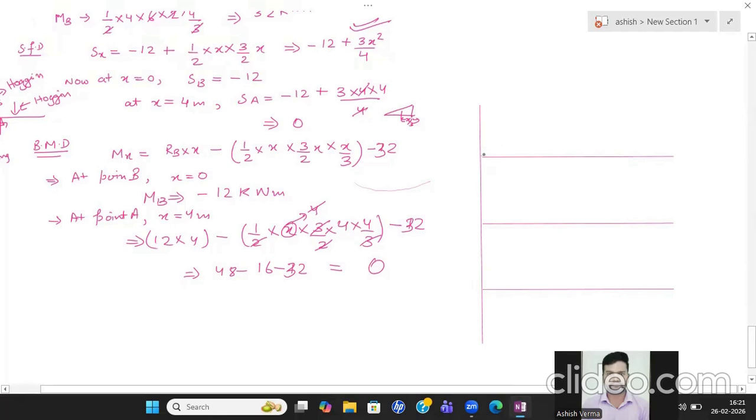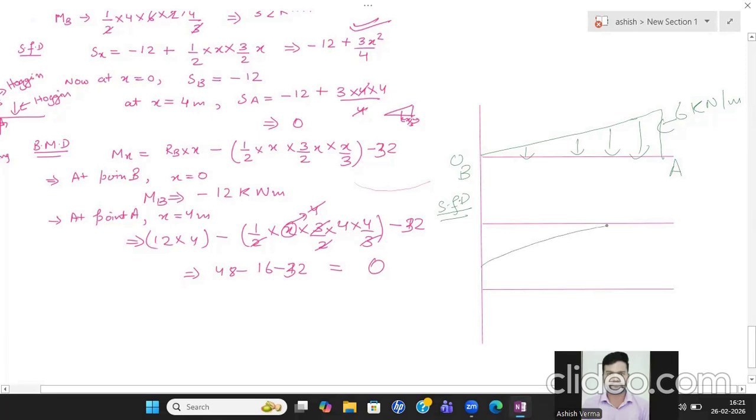This is the required loading given in the question. If the loading intensity is given as 6 kilonewton per meter, here it is 0. This is point B and this is point A. If we draw the SFD, the shear force diagram equation is parabolic, and at point B the intensity is minus 12 kilonewton.